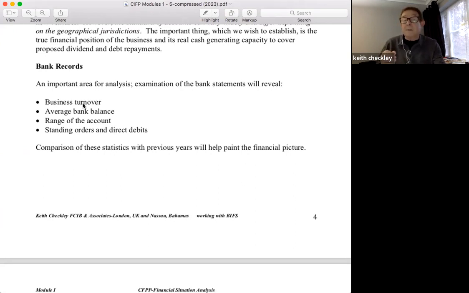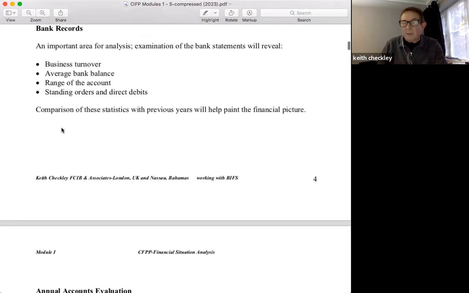So that's the business sales. And how does that reflect our expectations? As Dimitri was just saying, what's the average bank balance? What's the range of the account that's moving from credit to debit? And what payments are going out from the account? And if we compare these statistics with previous years, we'll start to generate a financial picture.